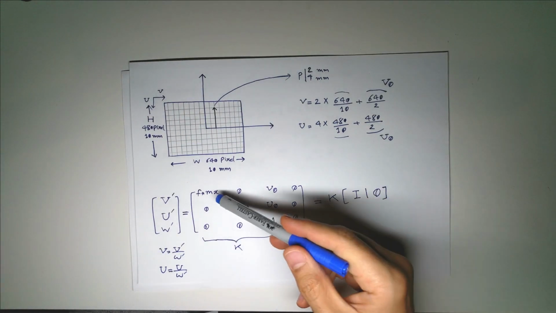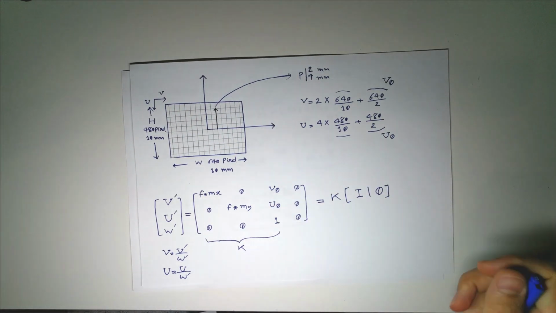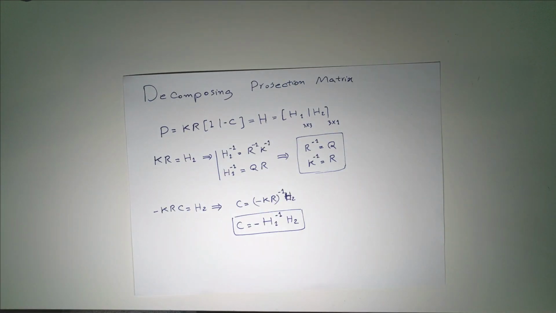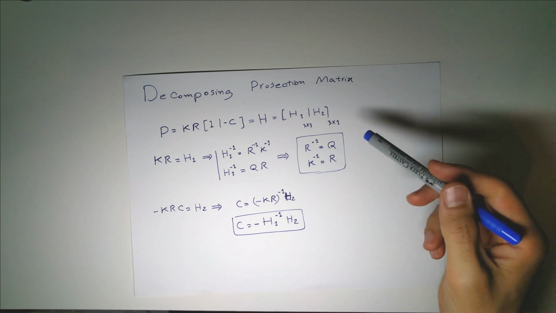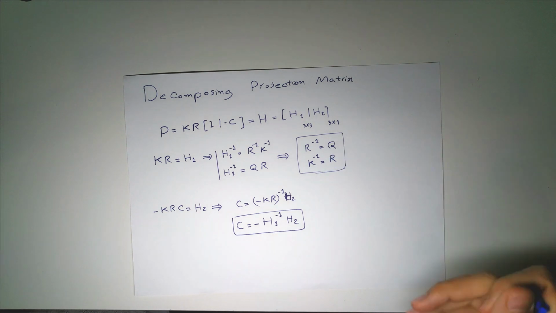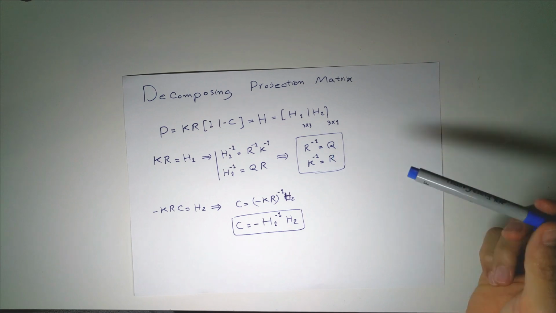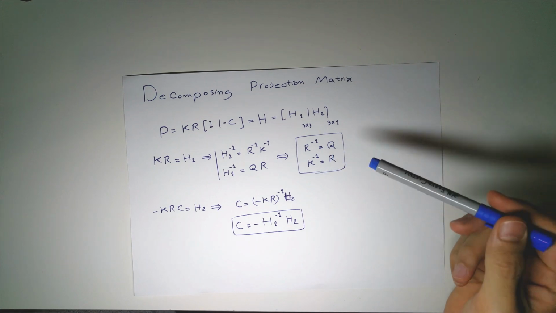You can see it's upper triangular. So R inverse is Q, and K inverse is R. So this comes from the QR decomposition.